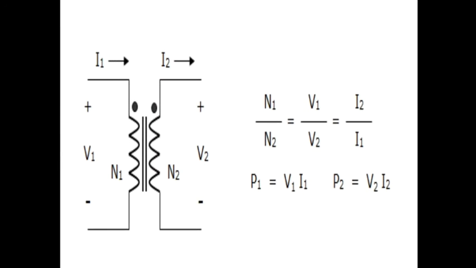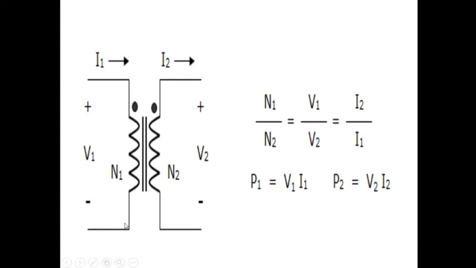This is a circuit here. This is primary winding, this is the secondary winding. Suppose N1 is the number of turns at the primary winding, N2 number of turns at secondary winding, V1 voltage at primary side, V2 voltage at secondary side, I1 current flowing at primary side.